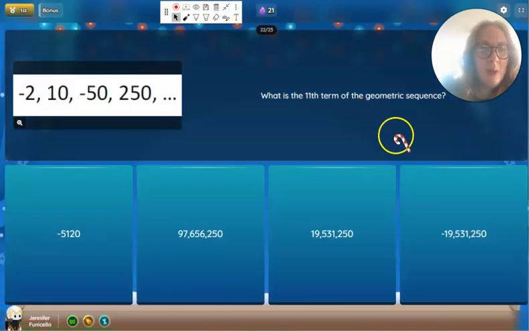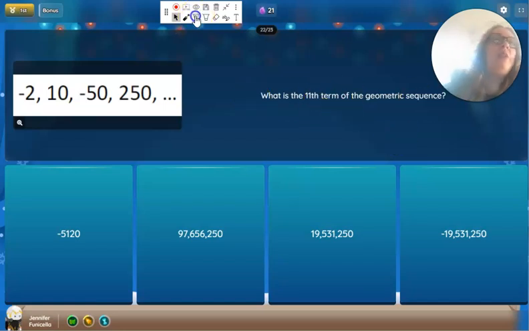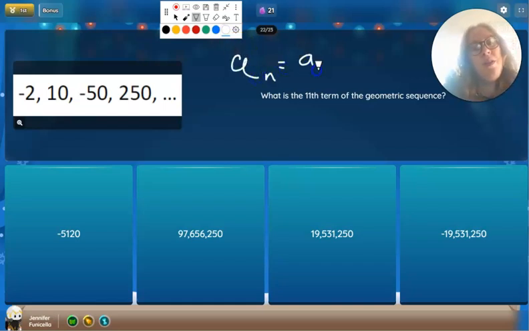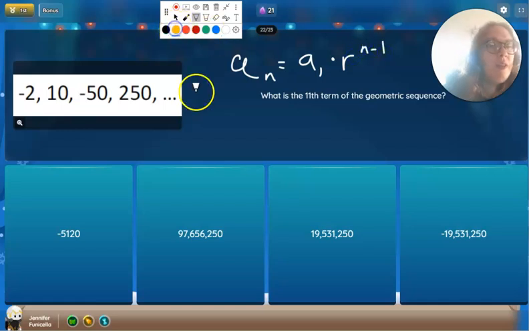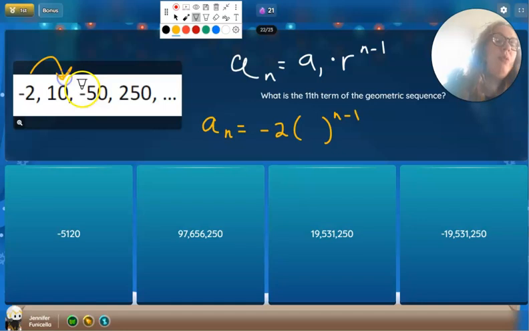2 more questions. What is the 11th term of the sequence? Ooh. So let's think about what our equation would be. So what is the first term of this sequence? -2. And our common ratio, how do we go from -2 to a positive 10?